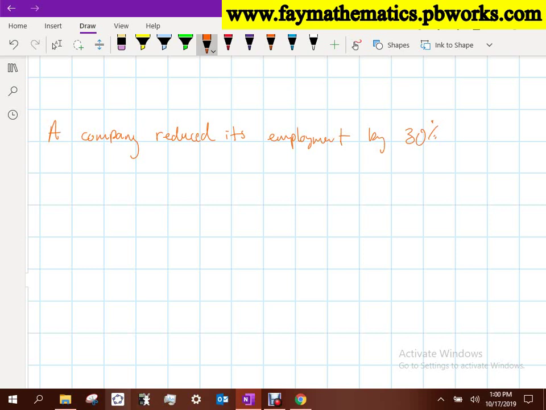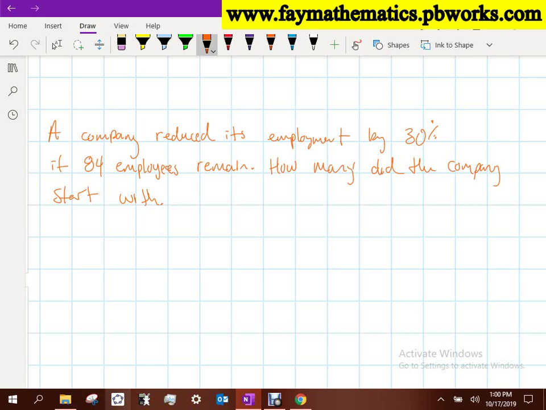If 84 employees remain, how many did the company start with? This is the last question, question number 20. So the company reduced its employment by 30%. If 84 employees remain, how many did the company start with?